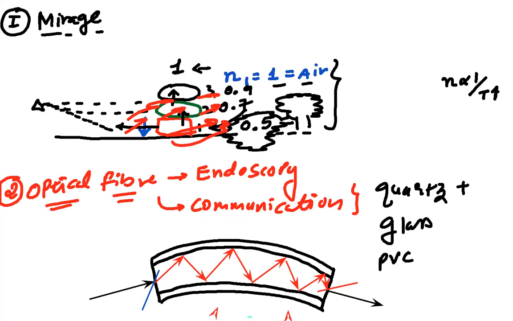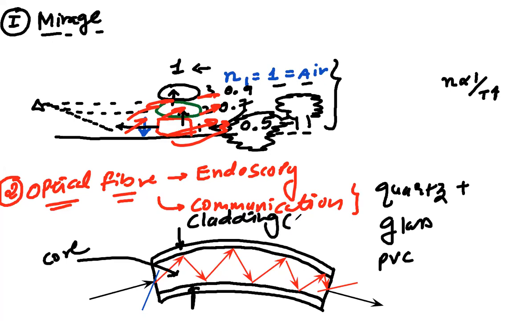Now one more thing I want to mention here. Optical fiber contains two different parts. The internal part is called the core and the outer part is called the cladding.